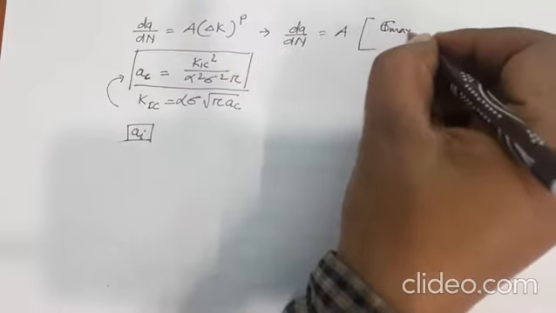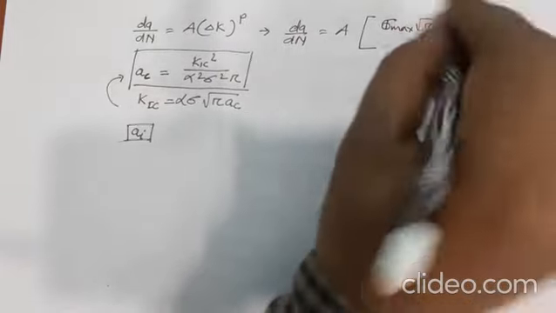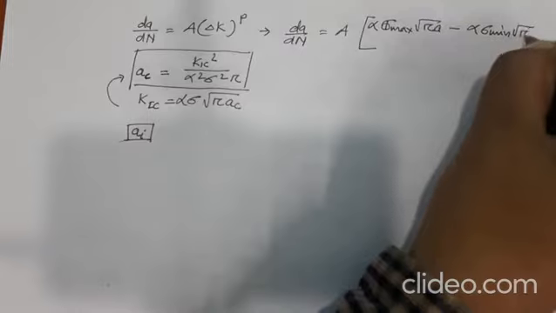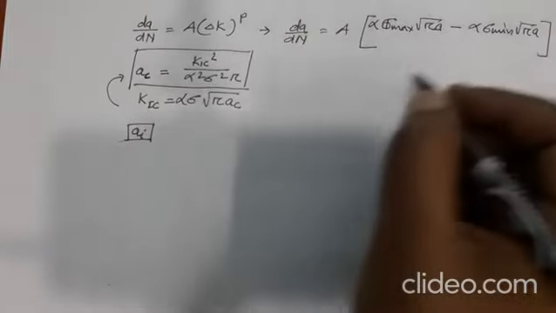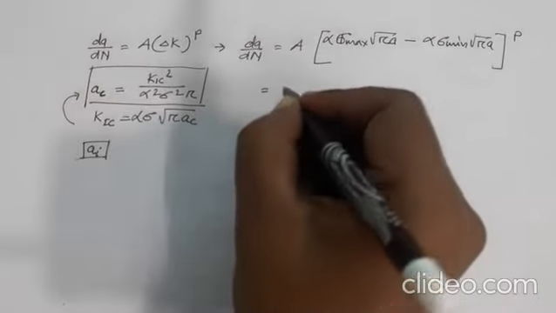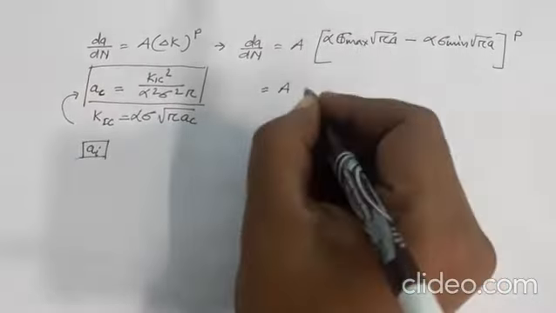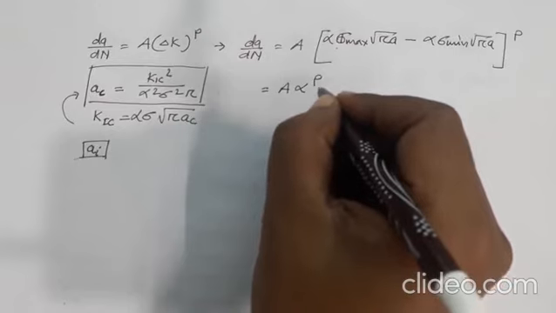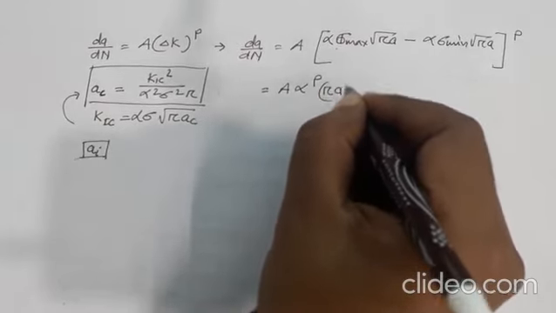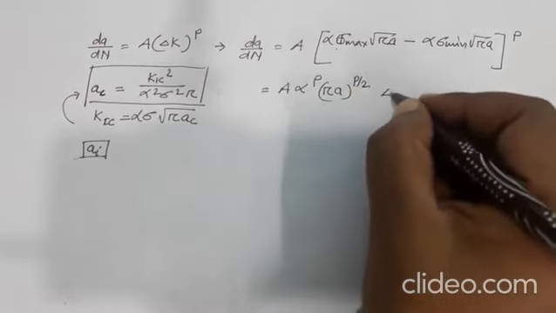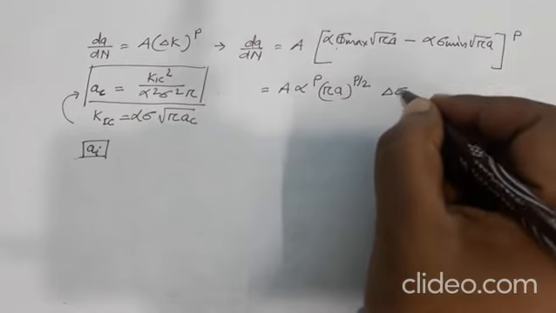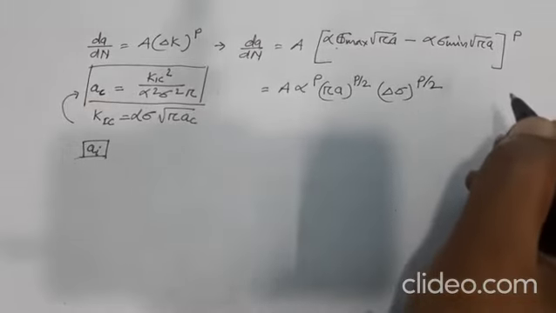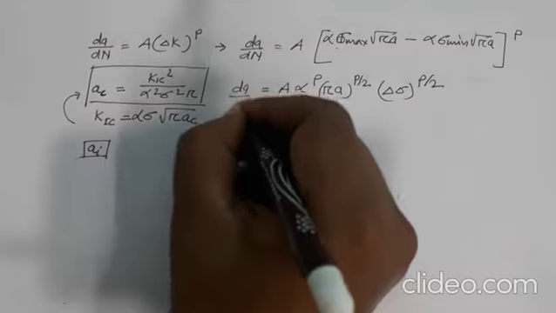So we will have alpha into sigma max root over pi A, let us keep it A for now, minus alpha into sigma minimum root over pi A, and this to the power P. So this becomes C into, everything else is constant, so we can take that out: alpha to the power P, and then pi into A to the power P by 2, and then delta sigma to the power P. So this is what we have as dA by dN.